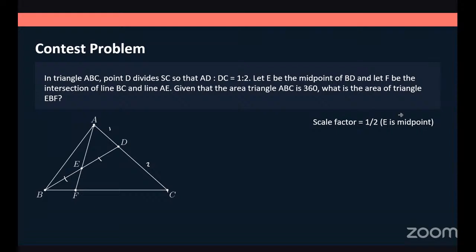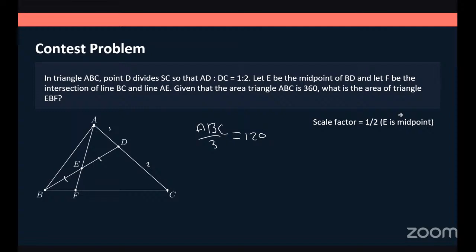From there, we can see that AD and AC over here would have a ratio of 1 to 3, which would let us know that triangle ABC, and we already know that the area is 360, and then dividing that by 3, because if this is 1 to 3, it would just be a ratio for this, and then we could divide it by 3 to get 120. Does that make sense? So the area of this triangle right here would be 120.